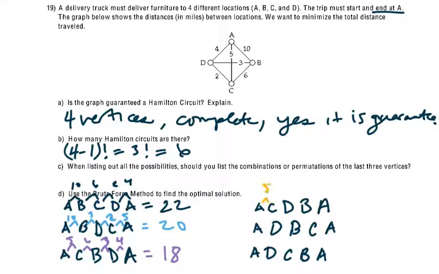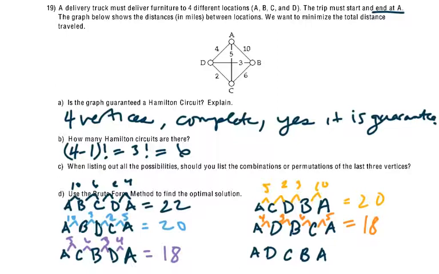A to C, which is 5, C to D, which is 2, D to B, which is 3, and B to A, which is 10. That gives us 20. Then we have A to D, which is 4, D to B, which is 3, B to C, which is 6, and C to A, which is 5. So that gives us 18.